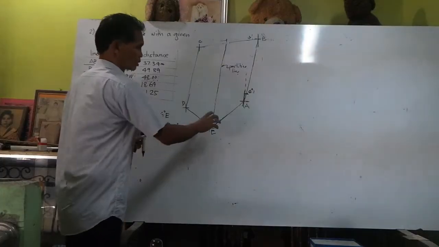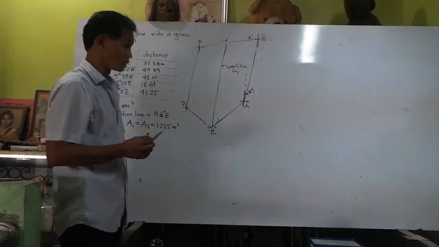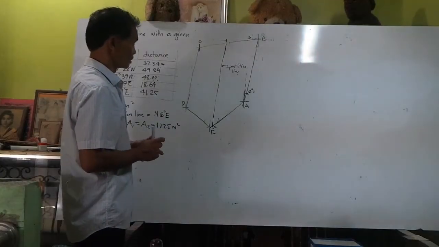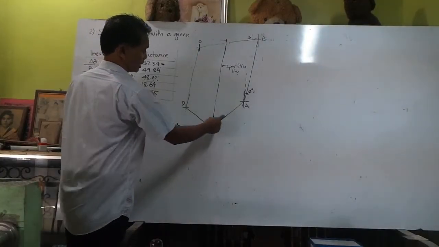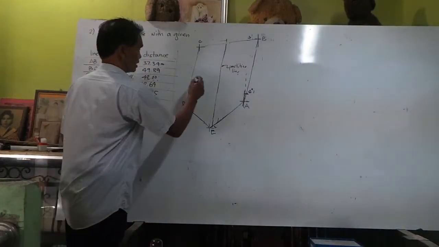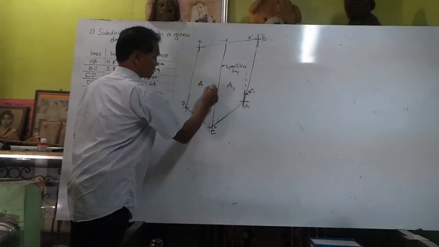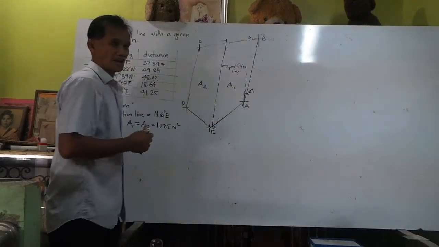So we want to know what is the length of this partition line, because that's one of our requirements. And also the other requirement is where is the location of this point 1 and 2, so that this area will be equivalent to this area, or the area 1 is just equal to area 2.